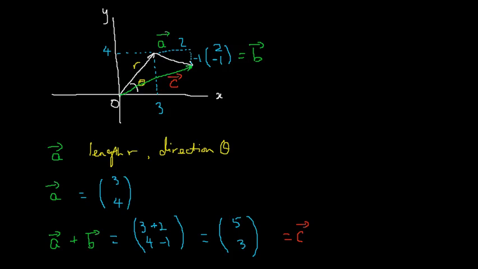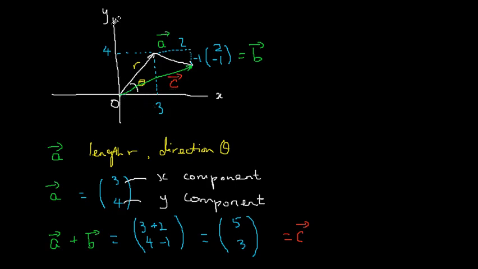The proper name for these numbers of a vector is that this x value is called the x component, and that y value is called the y component.